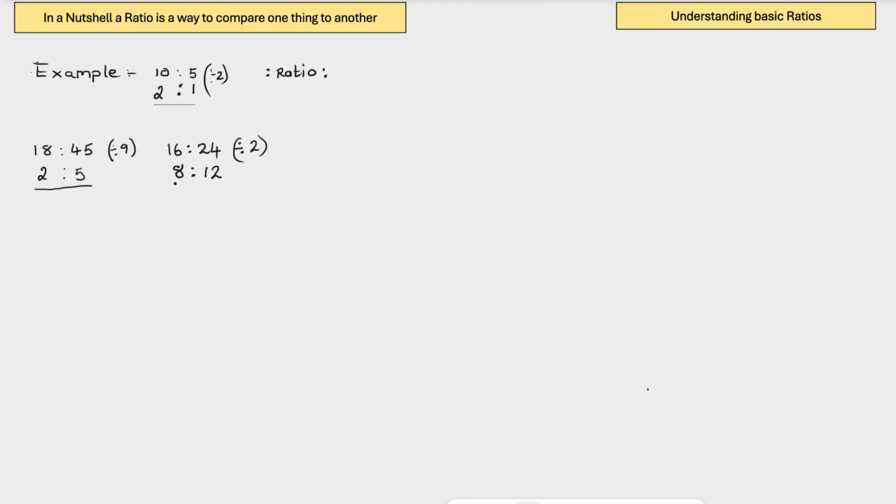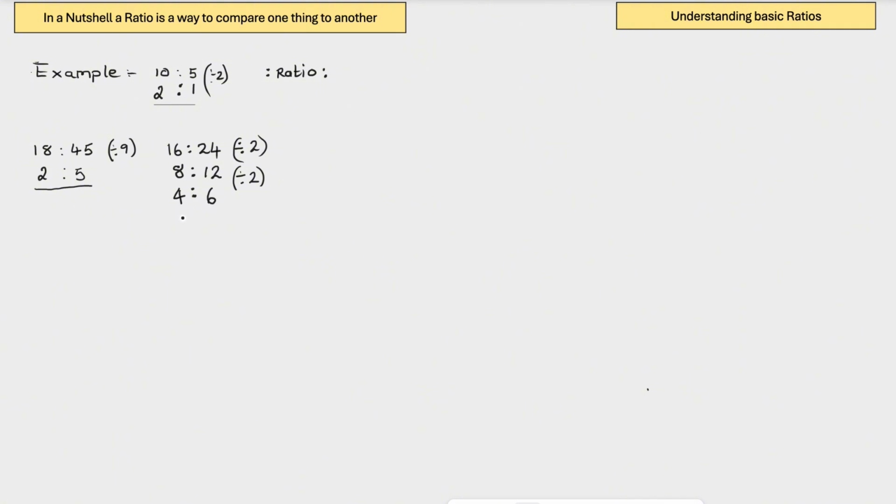Now, is that our most simplified answer? No, it's not. We can now divide by 2 again. 2's into 8 go 4. 2's into 12 is 6.